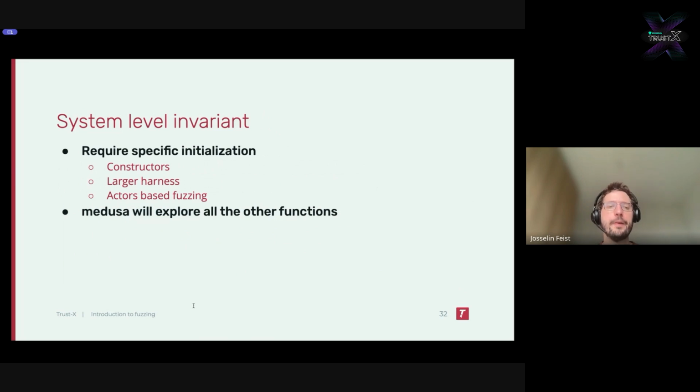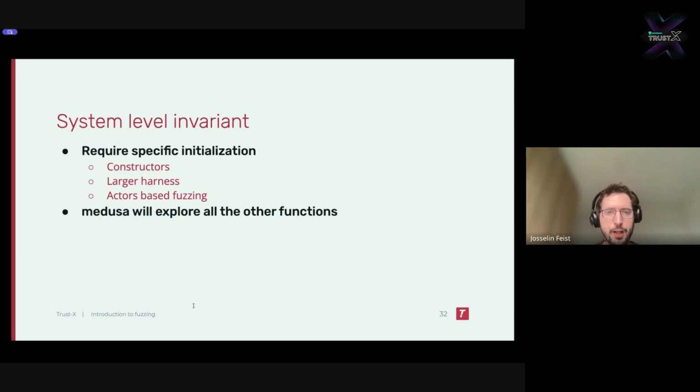System level invariants are where, as I mentioned, you want to try something a bit more deeply rooted within the code base, or you want to fuzz a complex property of the system. Here, you usually need a more complex constructor or setup function. You have a larger harness, being all the Solidity code you are writing to set up the fuzzer. You can use more advanced techniques like actor-based fuzzing, which we are going to see in a while.